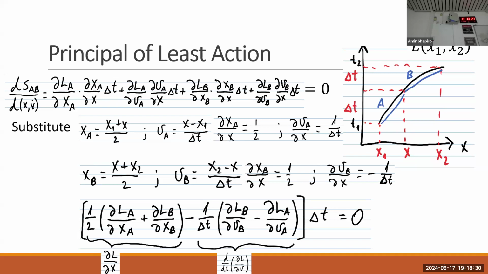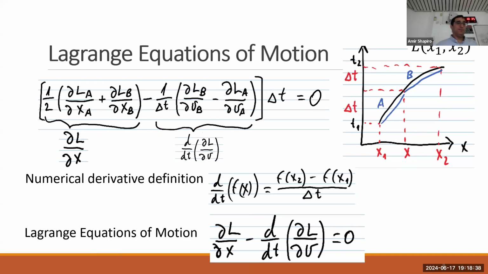Therefore, the things here in the parentheses have to be 0. And what we get is simply dl to dx minus d to dt of dl to dv equals 0.